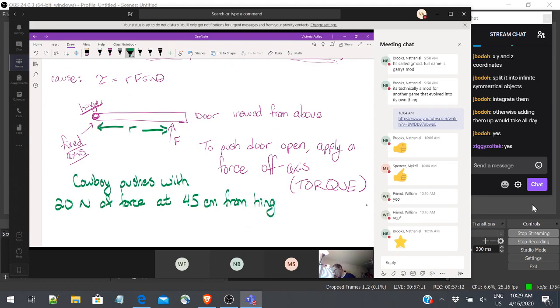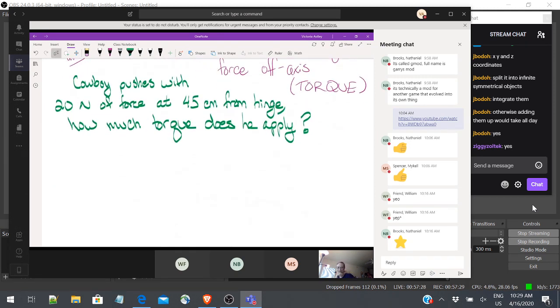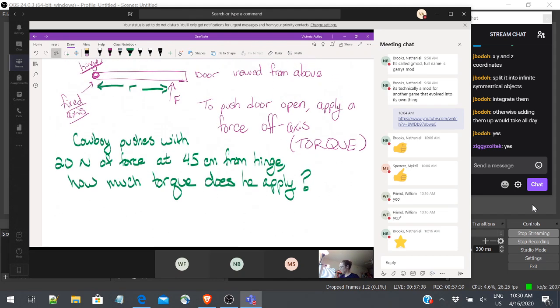There we go. How much torque does he apply? This is a question for y'all.